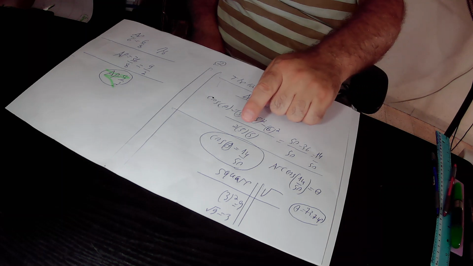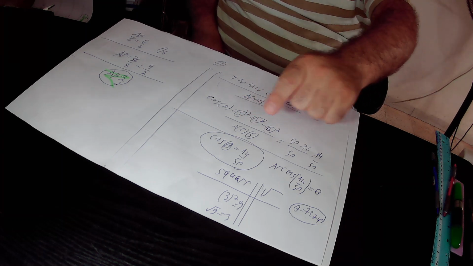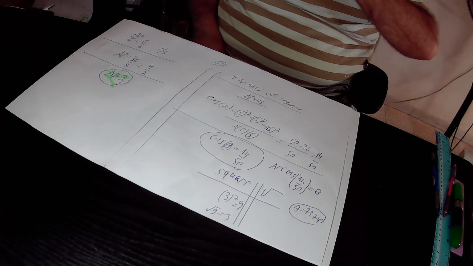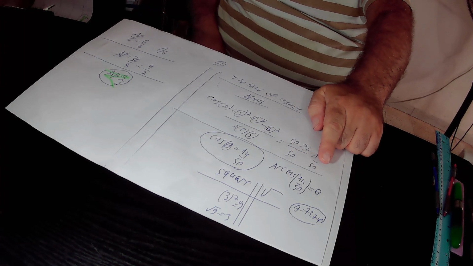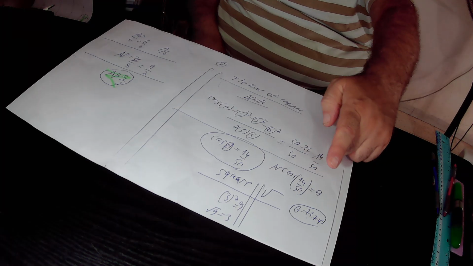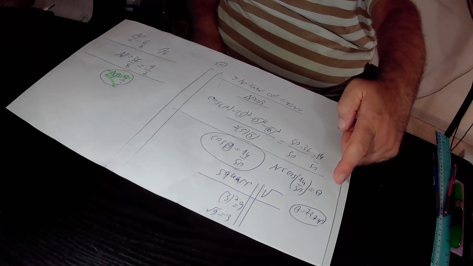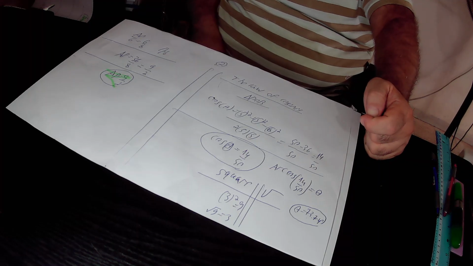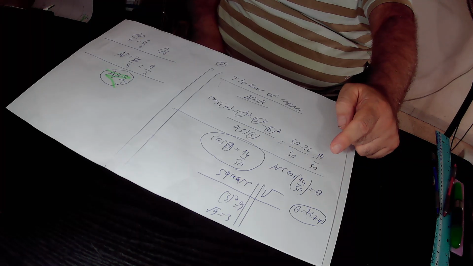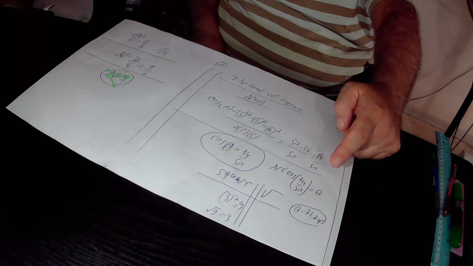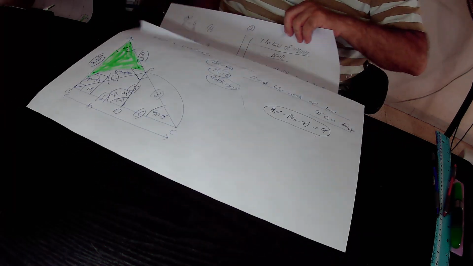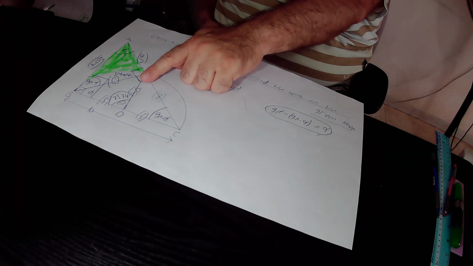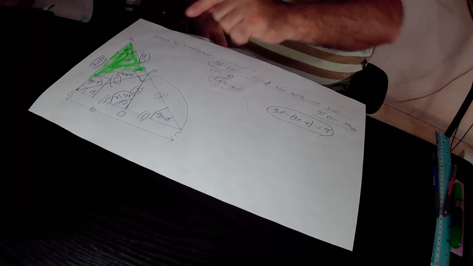In this way we get back angle theta. And arccosine of 14 over 50 equals 73.74 degrees in size. So in conclusion, angle theta equals 73.74 degrees in size.